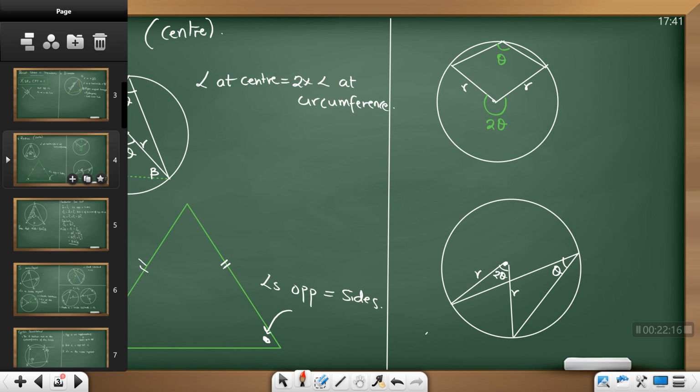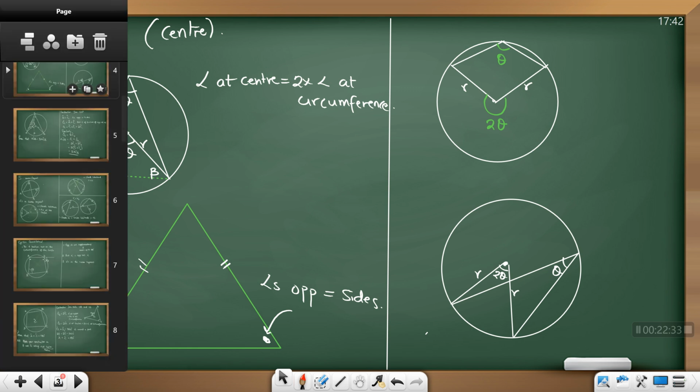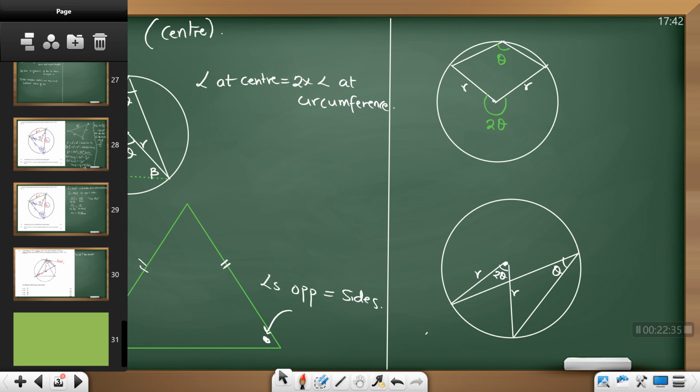Check here. Everybody, look at it. Radius. Angle at the center is 2 times angle at circumference. Look at the bottom. Angles opposite what? Equal. Because I have radius. It gives me an isosceles what? Triangle. Already, I think I am done with the next question.